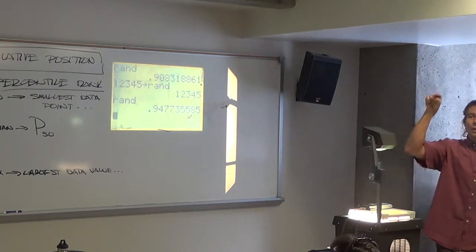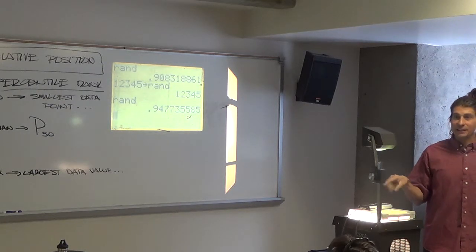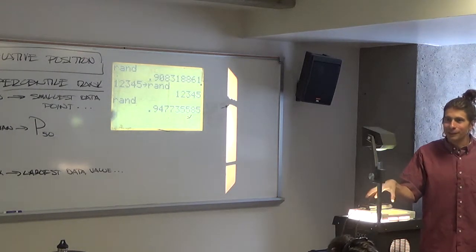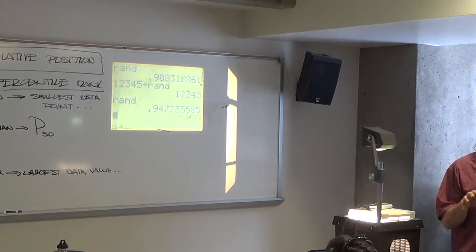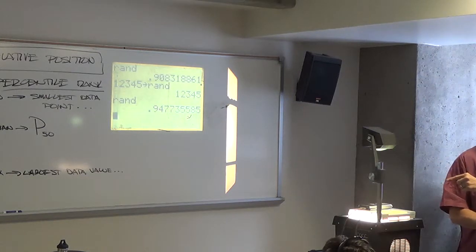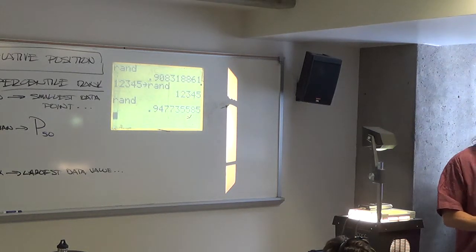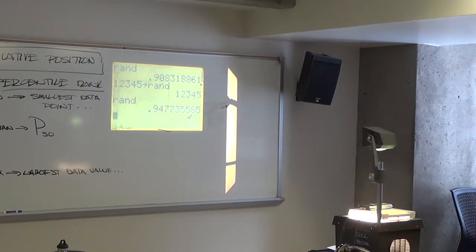See, the problem with a random number generator on a computer is it's like living in sin. You can't. What's the definition of random? Non-deterministic. Thank you, Rachel. You never know. But what's the definition of a computer? Totally deterministic. Something that takes an input and generates a predicted output.